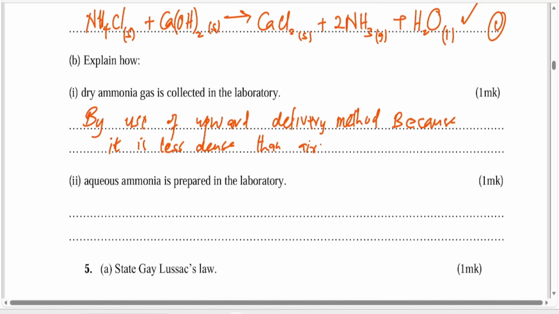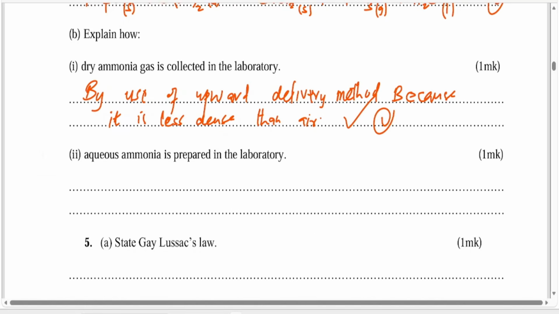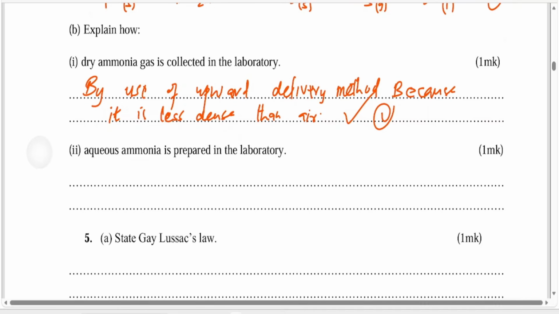You can also talk about after passing it through calcium oxide, which is the drying agent, and this is 1 mark. Explain how aqueous ammonia is prepared in the laboratory.